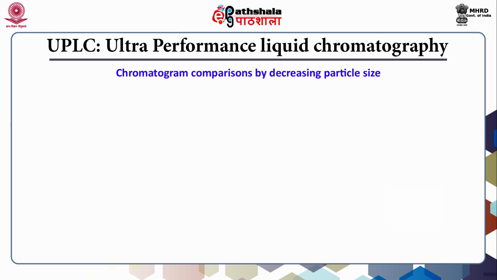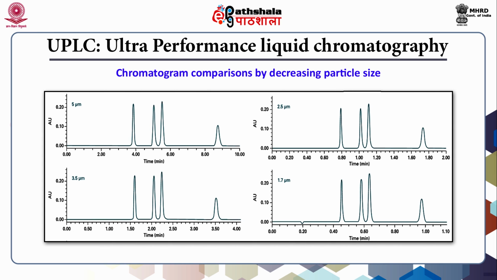In this slide we can see 4 pictures, and all 4 look similar, but the difference is only in the retention time. What is the difference? We have used the same compound, one analyzed by HPLC and another by UPLC, or simply we have analyzed this compound on stationary phases where the particle diameter is decreasing.